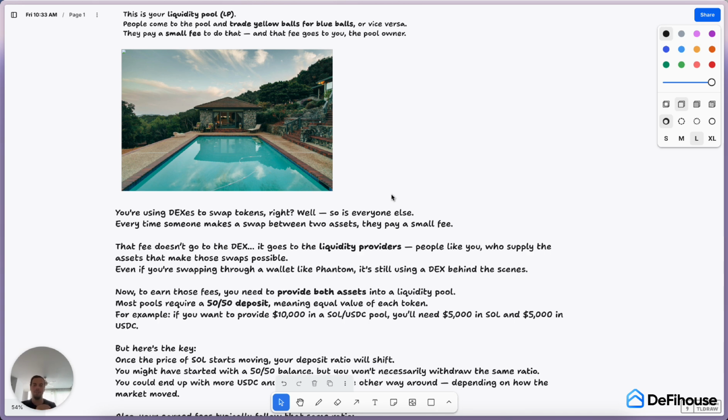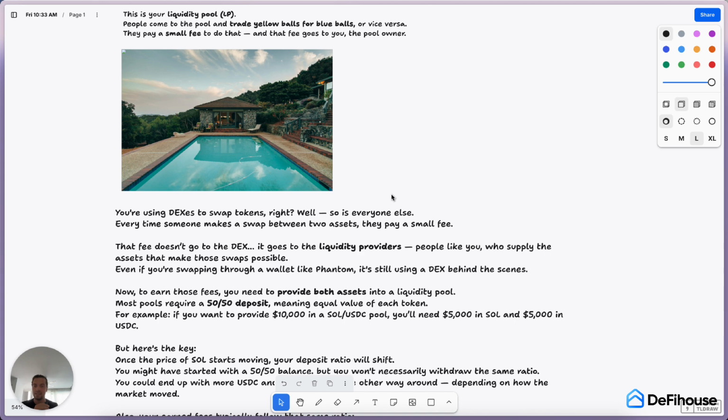If they are catching meme coins on different wallets, tools, Dex Screener, anything, any kind of decentralized transaction when they're swapping from one asset to another, it all involves decentralized exchanges. So every time someone makes a swap between two assets, they pay a small fee.